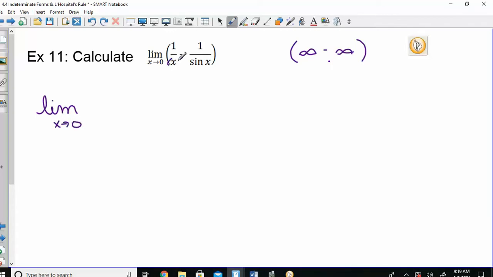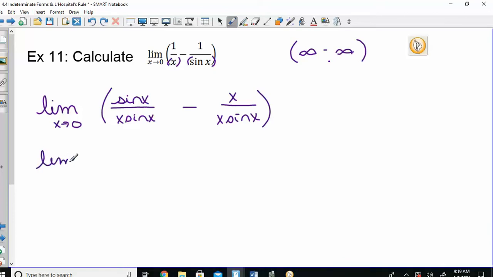Okay, so this denominator is x, so it needs to be multiplied by sine x. This one has the sine x, so it's got to be multiplied by x. We have sine x minus x over x sine x.